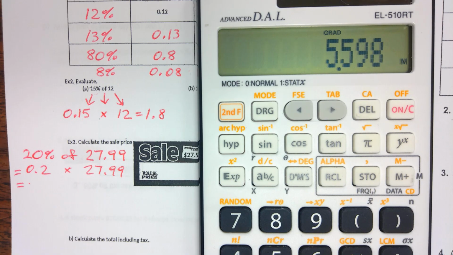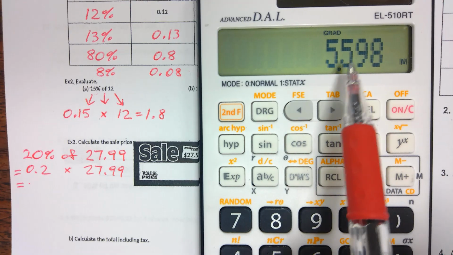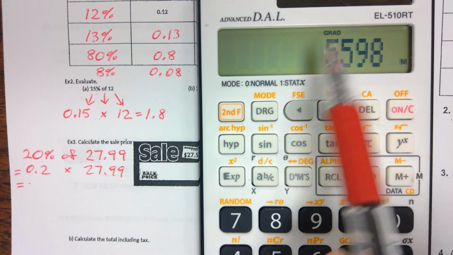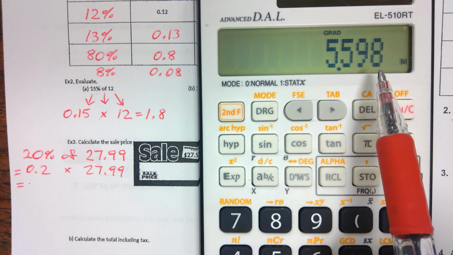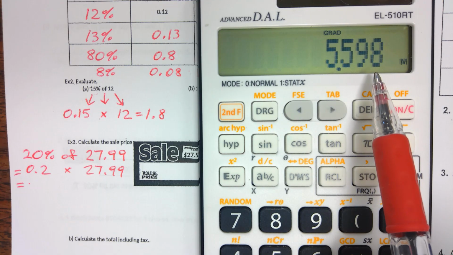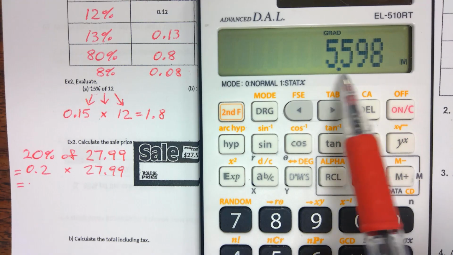Did I write minus 5.598? No, 27.99 subtracted by 5.60. Okay, but what's wrong with this number? Why am I rounding? What's my unit here?